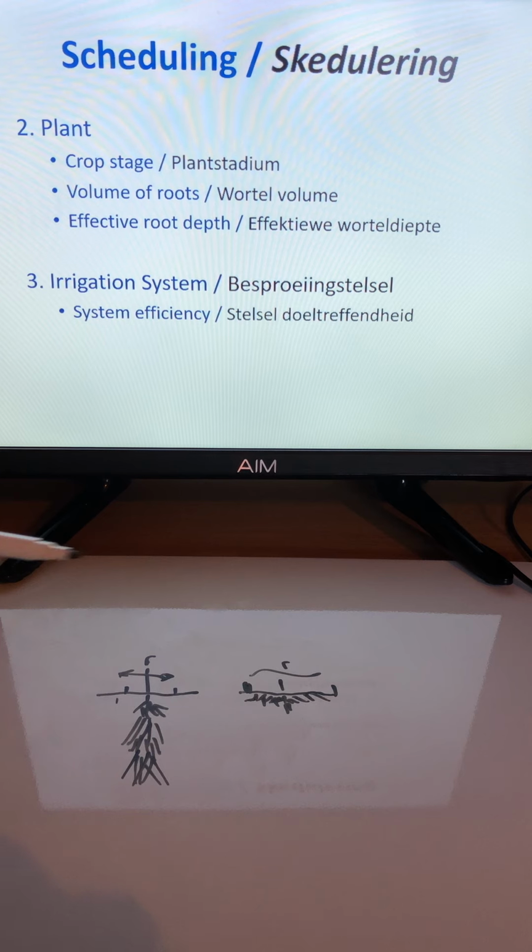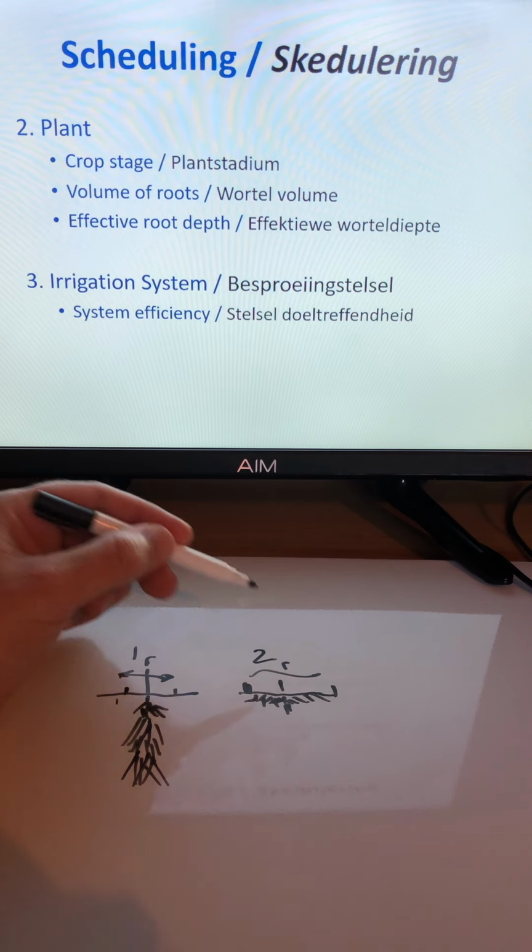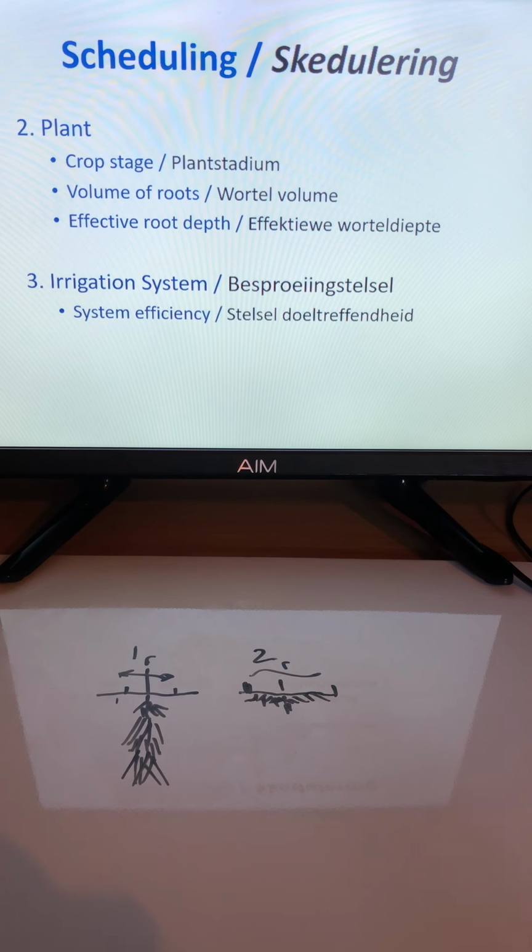And then as opposed to, let's make this number 1, and then as opposed to number 2, where you have a shallow or smaller root system. And because of that, then you require a lot less water or shorter cycles, especially. So knowing your root system and what the plant needs for that root system is important.